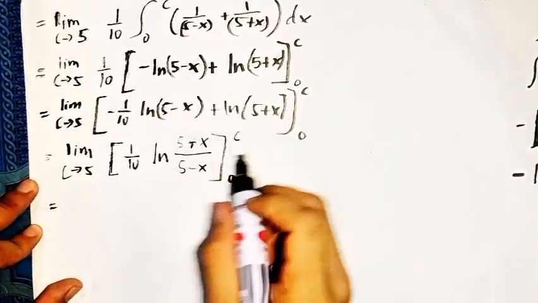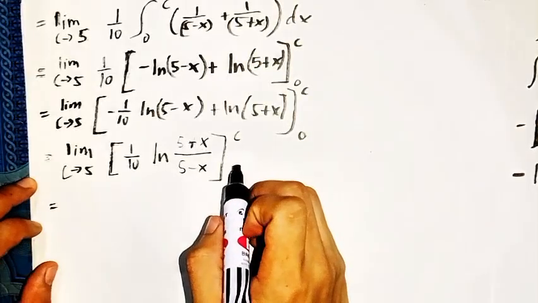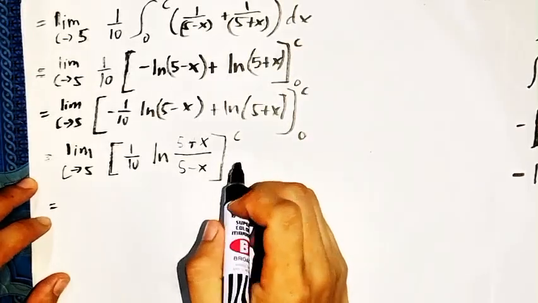And now, let's subtract the upper limit and the lower limit.